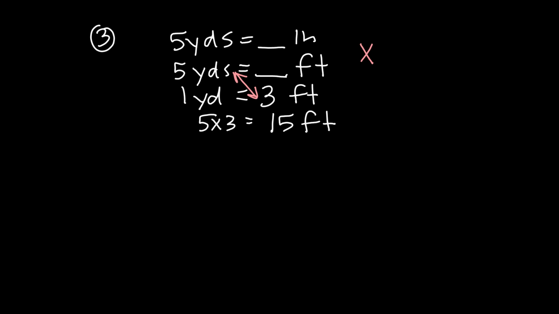So I've not solved my problem. I have feet, but I need inches. So I start a new conversion. I have 15 feet, and I want to find out how many inches I have. Well, I know that 1 foot is equal to 12 inches.